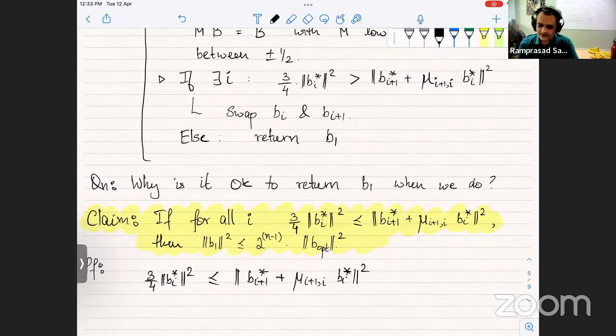Now Pythagoras theorem on the right hand side tells me that this is exactly equal to the norm of bi plus 1 star squared plus mu i plus 1 comma i squared times norm of bi star squared.